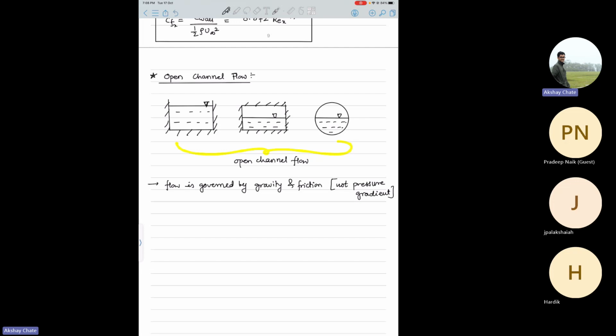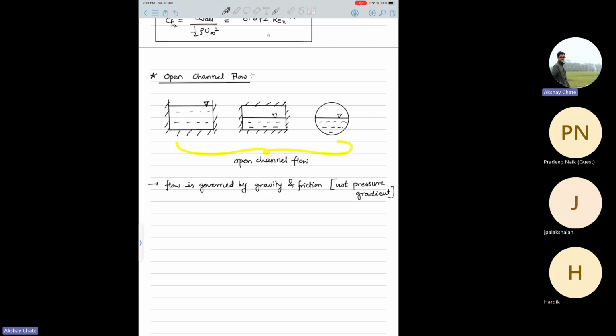And typically in this course we are studying one-dimensional uniform open channel flows, mostly through straight channels. They may have some slope or be flat, but mostly we are studying 1D incompressible straight channel open flows.